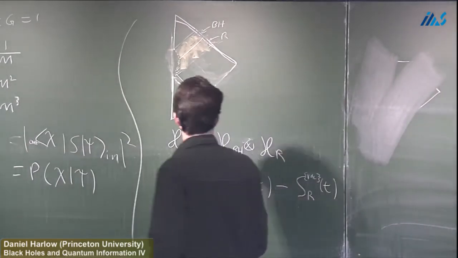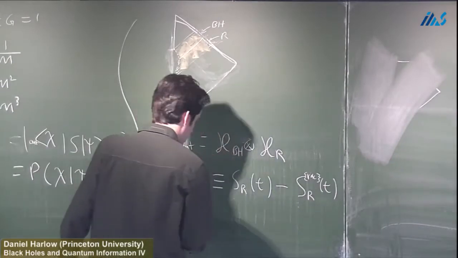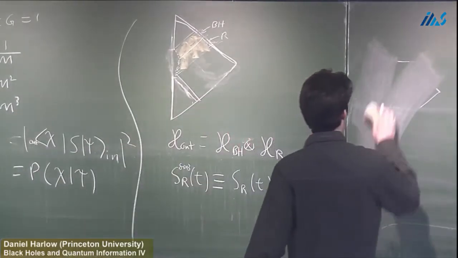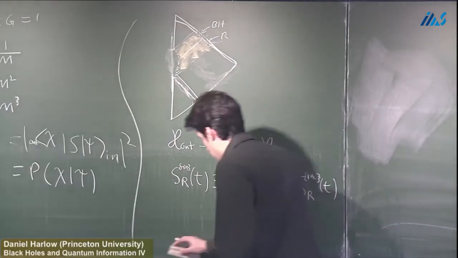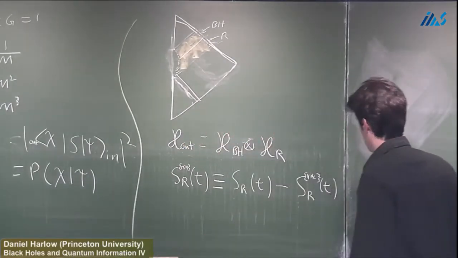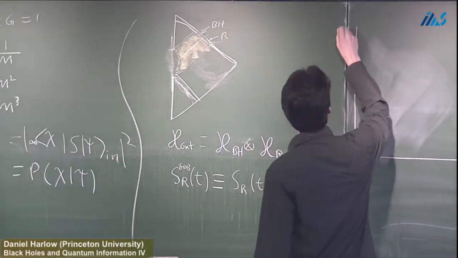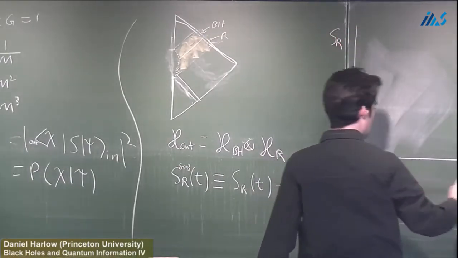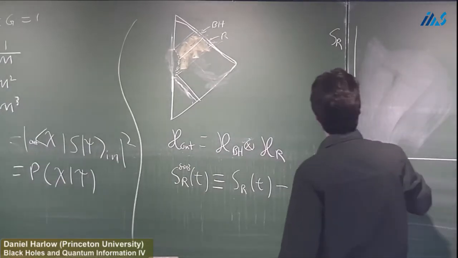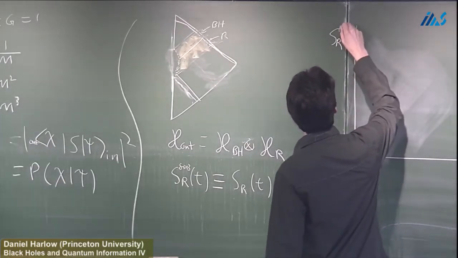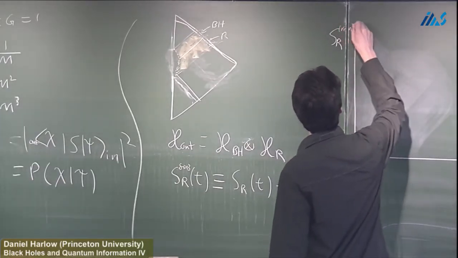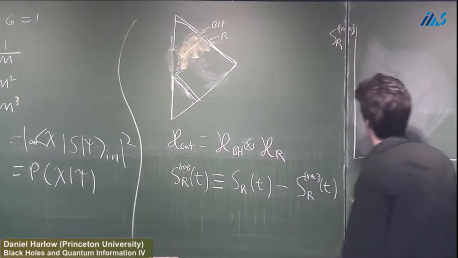And then the thing that we want to plot is this S_R as a function of time. So let's think about what it does, or what we expect it to do. I'll write the renormalized here too, but I'm probably going to forget to start writing it soon.